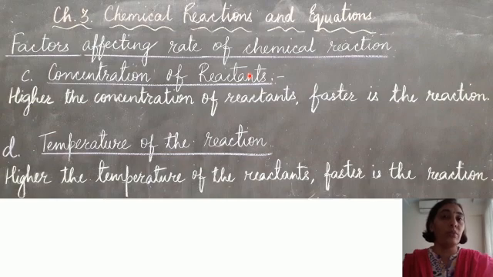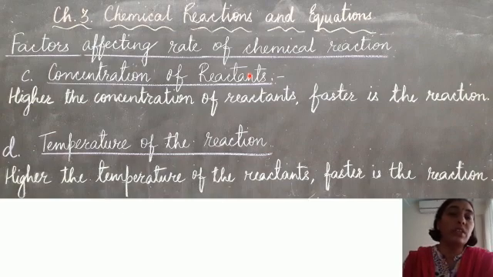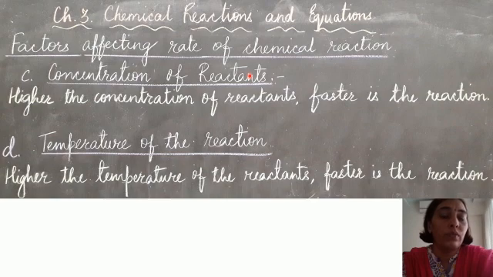So every time, I am increasing the concentration of my reactants. If I carry out the reaction that we studied in the previous slide, that is calcium carbonate with hydrochloric acid, using 10% HCl, I find that the rate of evolution of CO2 is slowest.